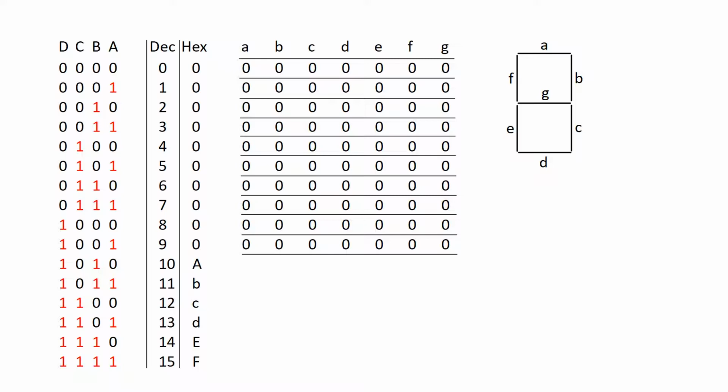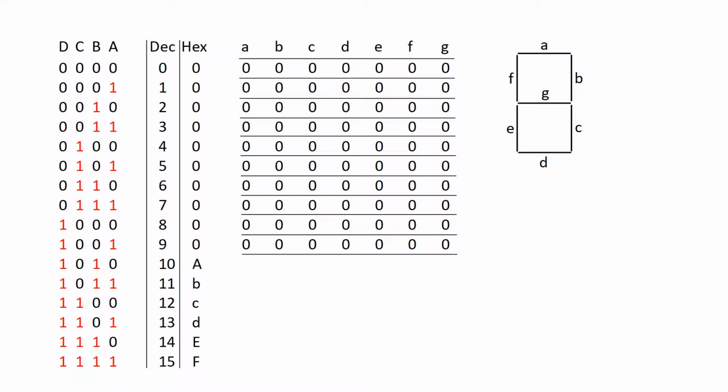They're labelled A to G, going clockwise around from the top and then in the middle. So our DCBA inputs, they're actually outputs from a 4-bit counter, and they count from 0000 up to 1111, which is 0 to 15, which is 0 to F in hex.